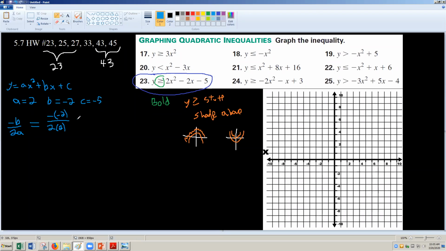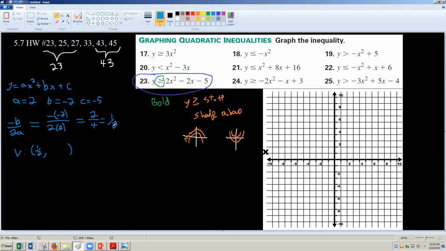Okay, cool. So this is going to give me a 4 divided by, oops, that's not true, getting ahead of myself. It gives me a 2 divided by 4, which is 1/2. So my vertex for this thing has 1/2 for the x. So far I've figured out that the vertex is going to be 1/2, comma, something.